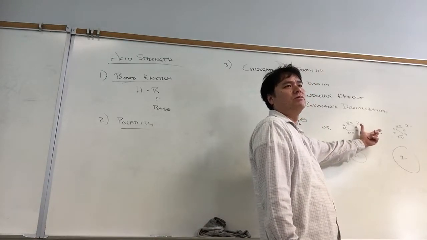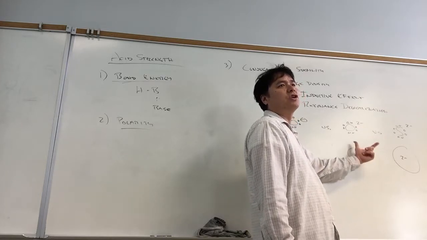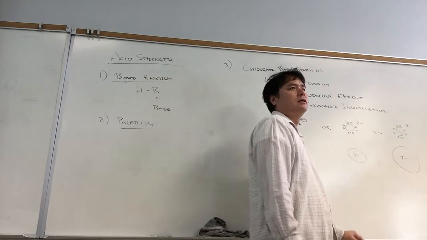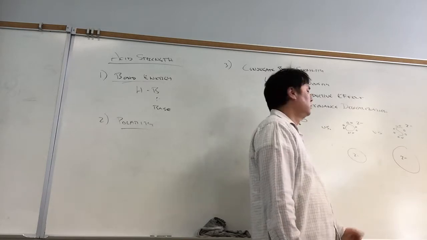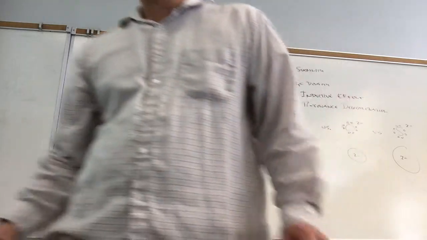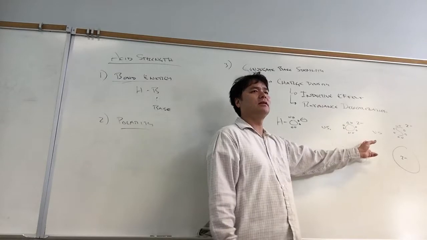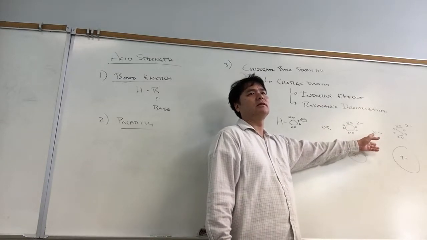They're both -2, right? The charge density is quite a bit different. This has a charge density that's much higher than the other. Therefore, oxide should be much more reactive than sulfide.